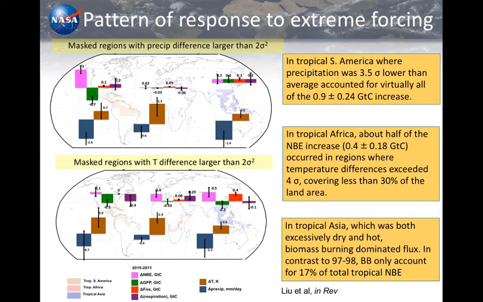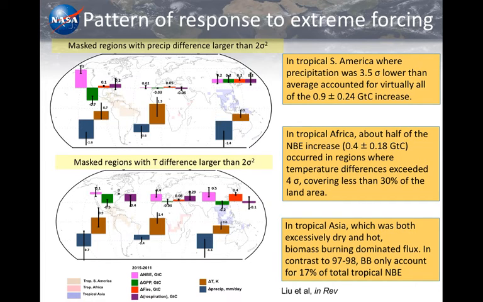If you condition the response, that is, you choose those grids for which you have extreme forcing, you get the following. If you see in the shaded region, this is the areas where we have large precipitation differences, and in tropical South America, almost all of the differences are related to regions that had climatologically high precipitation deficits.